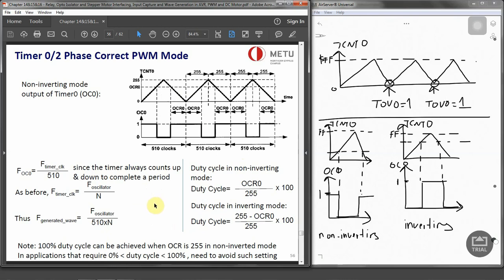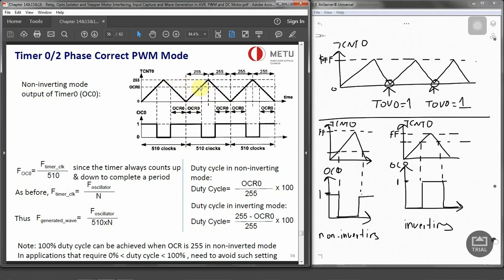The only difference is in the normal fast PWM we have got 256, but in phase correct PWM, we go up to 255 and then we go down to 255. So in total, in one complete counting up and down, we have 510 clocks. So 2 times 255 it's actually doing.